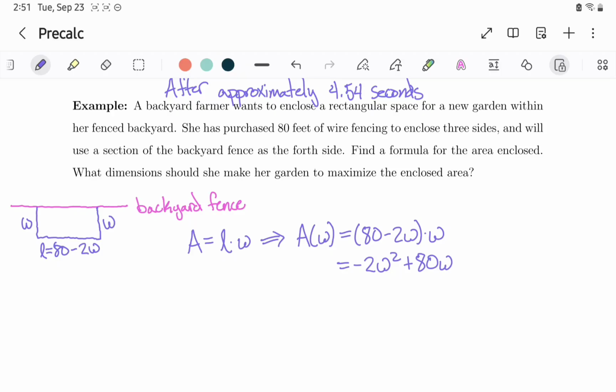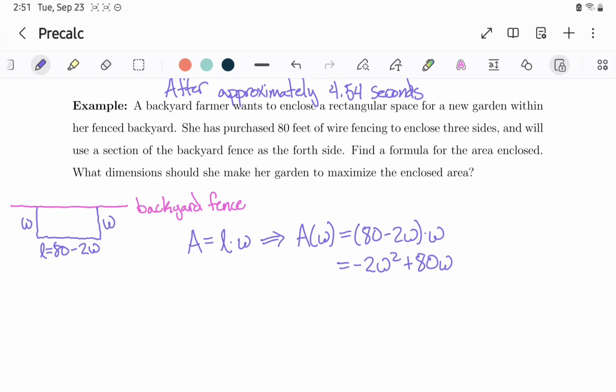All right, so here we have a quadratic expression, and we can see the leading coefficient A is going to be less than 0. We have a -2 there.